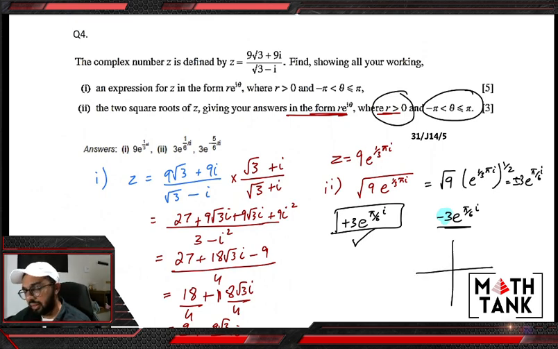Now when we talk about polar coordinates, if this 3e^(πi/6) was in this quadrant, what minus 3 would simply mean is that it was in the opposite direction. So minus 3 was here. So if I want to write this as 3, I need to change the argument on this one.